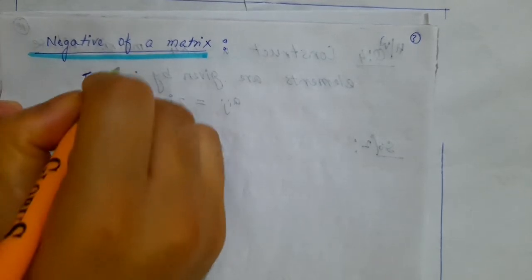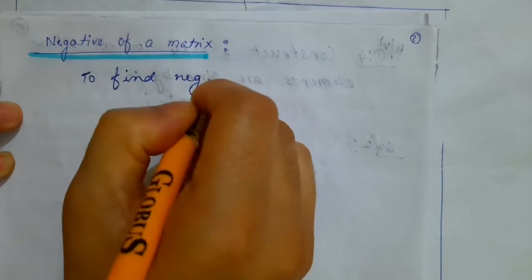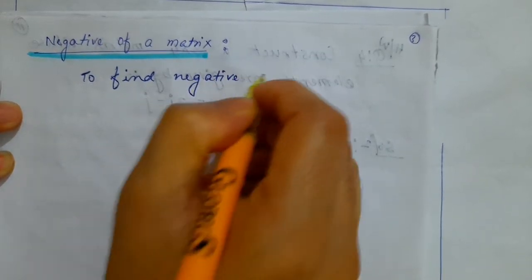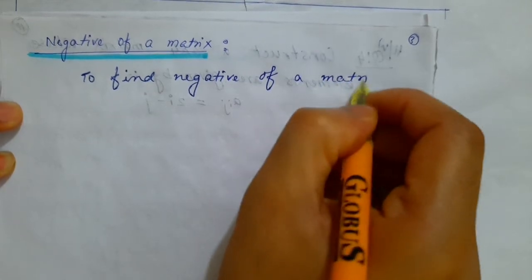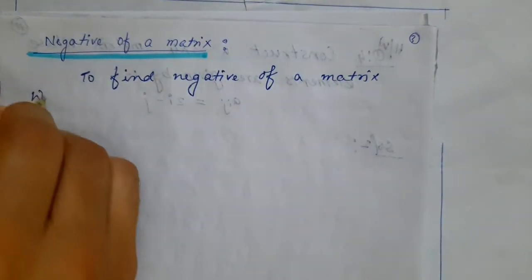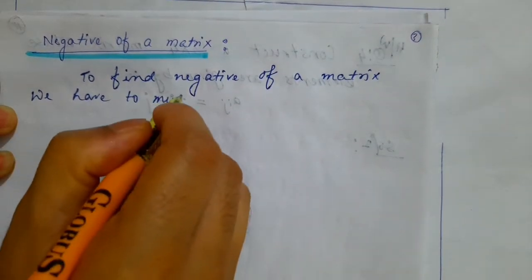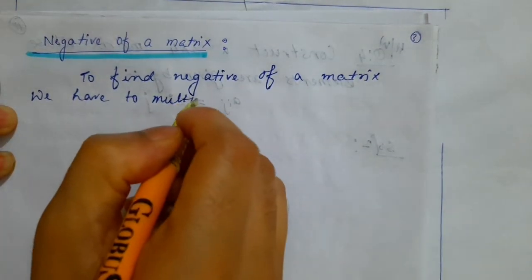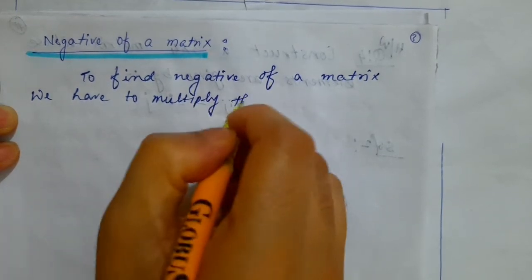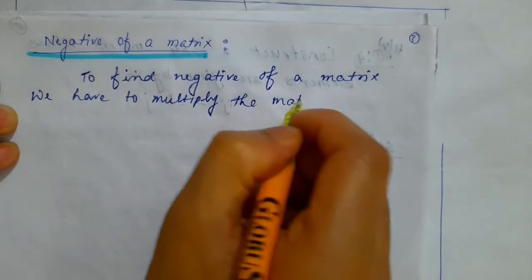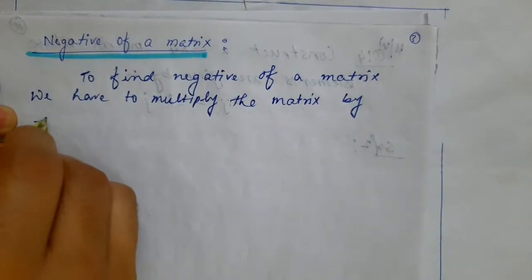To find the negative of a matrix, we have to multiply the matrix by -1.